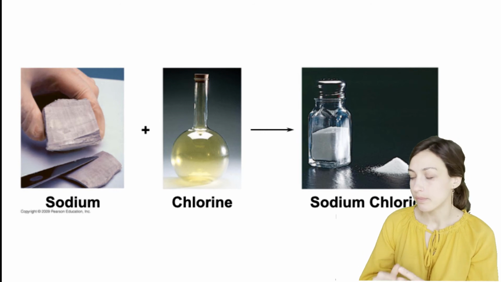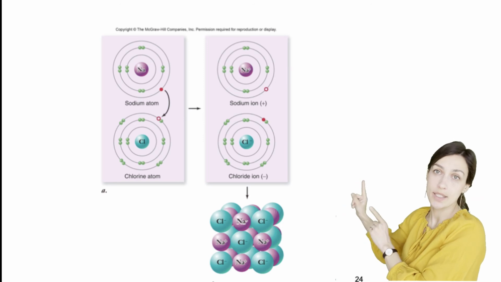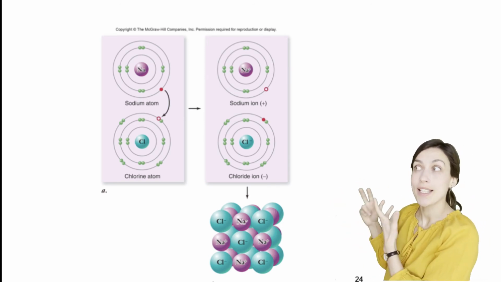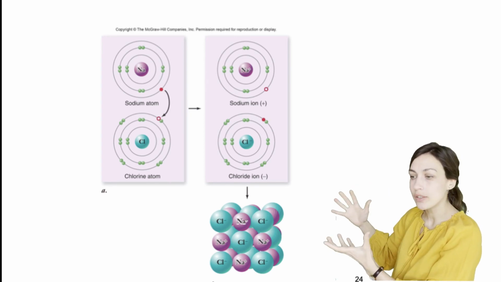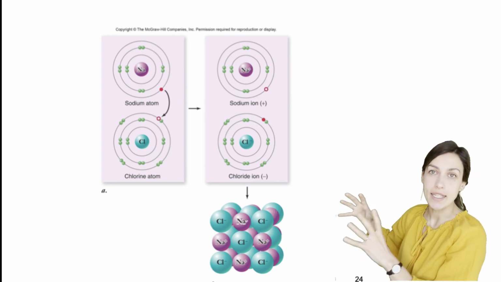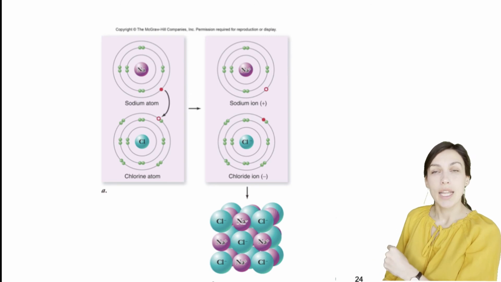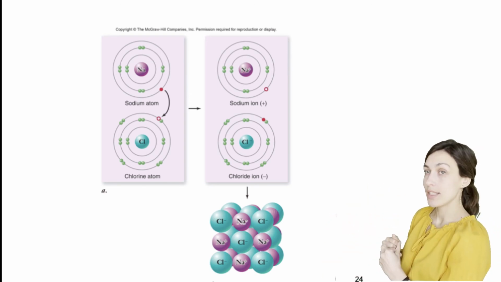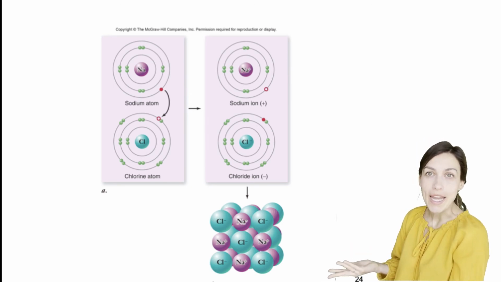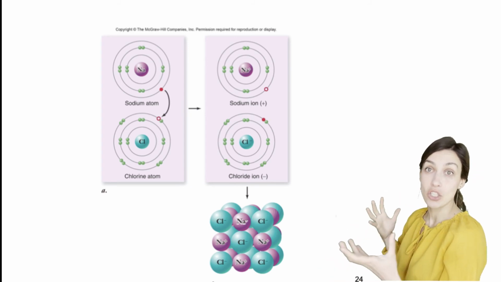Why does that happen? Notice here that sodium has 1 valence electron. Oh, bummer. The stable way is to have its shell filled, and because it has 3 shells, it needs 8 electrons. And in order to get there, this atom could gain 7 electrons, or it can just get rid of 1. And either way, it will have an octet, or a filled valence shell.